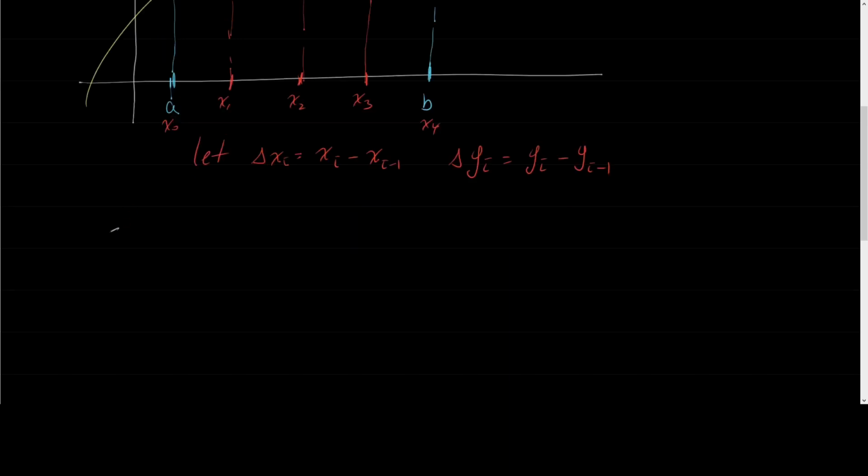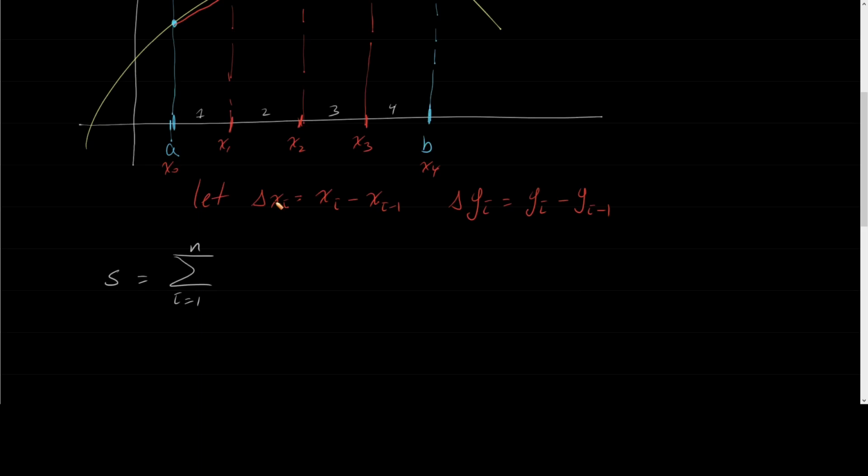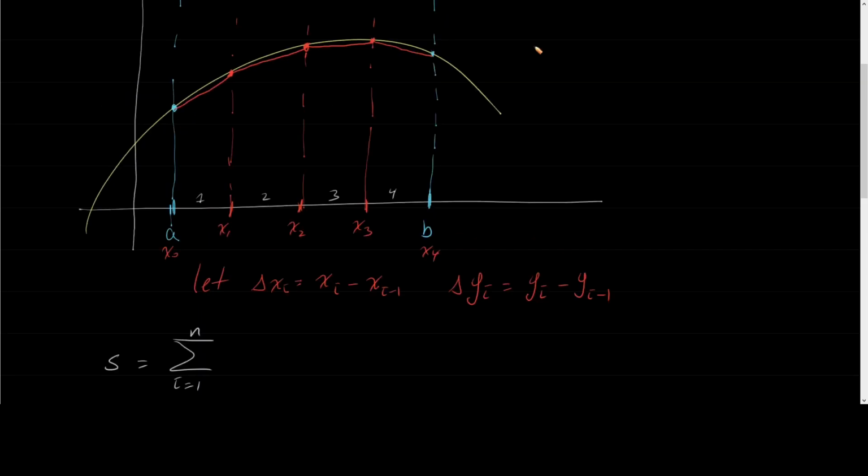The total arc length there is going to be the sum from i equals 1 to n, where n describes all the intervals here. So this is interval 1, interval 2, interval 3, interval 4. So we're describing those intervals with the distance formula at each spot.